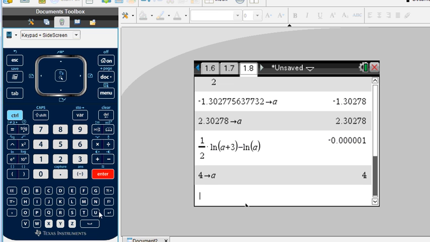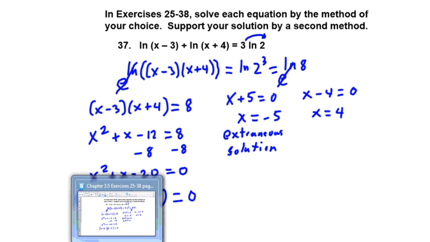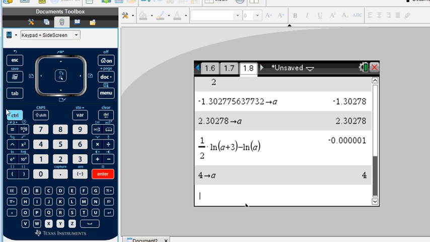So what we have is, I'm going to try to remember here, the natural logarithm of quantity A minus 3, plus the natural logarithm of A plus 4. Let's see, make sure that's right.